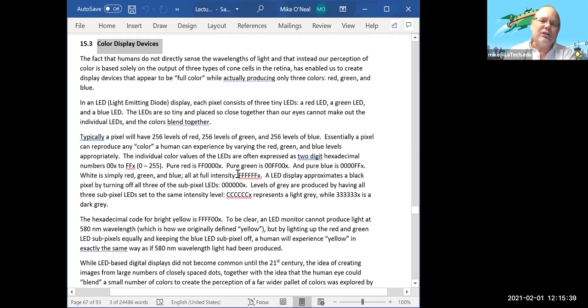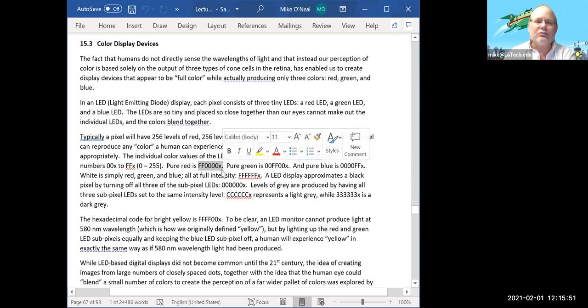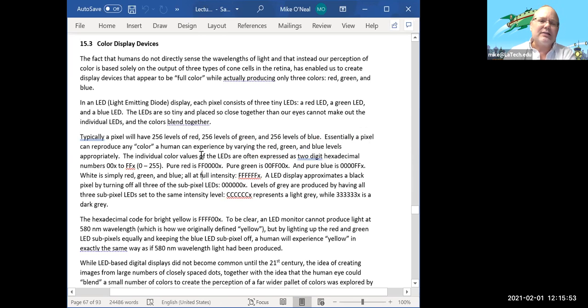Usually you can represent a color as six hexadecimal digits. So red is FF0000. The first two are for red, the second two are for green, and the last two are for blue. So this is basically saying red is set to maximum, green and blue are off. Pure green is red off, green at maximum, blue off. Blue is 0000FF.